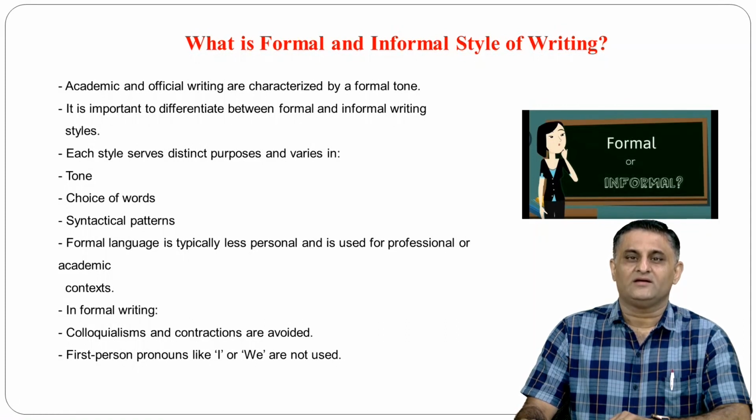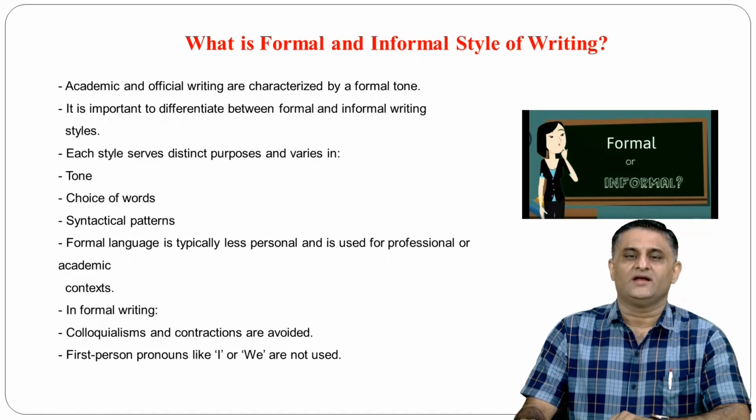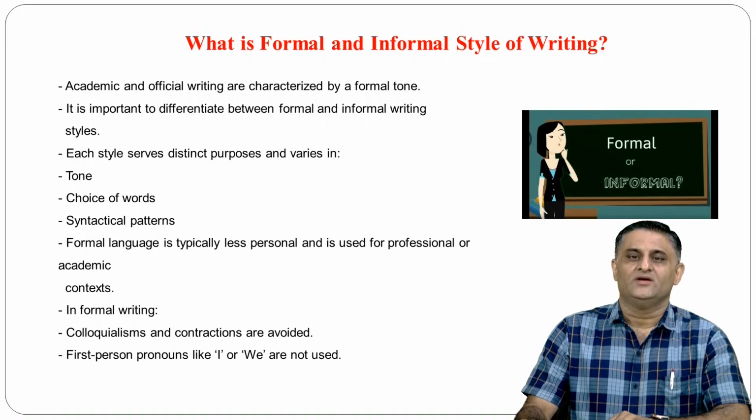Formal writing, typically used in professional, academic, or official environments, adheres to specific norms that emphasize objectivity, precision, and clarity. The tone in formal writing is impersonal and neutral, avoiding colloquialisms, contractions, and casual expressions.